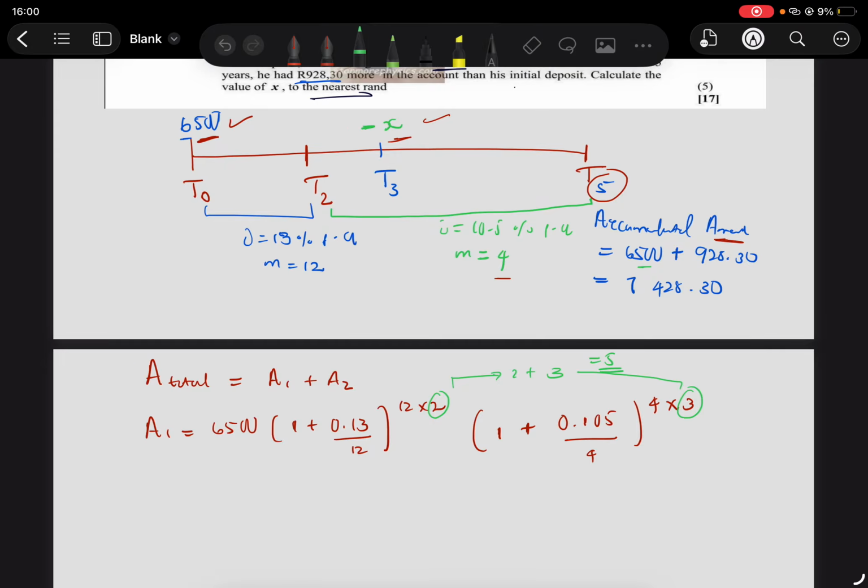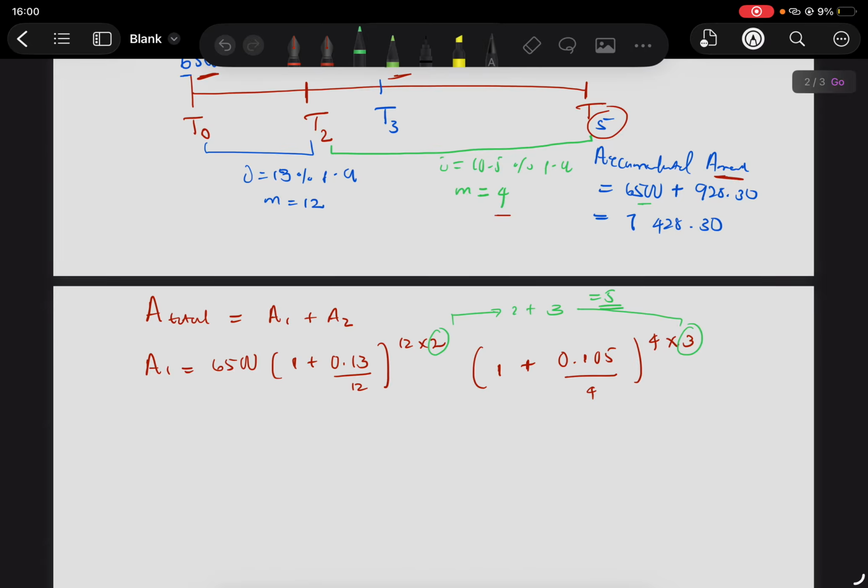So this will be your A1 at time 5. I'm going to punch this in on my side and put in the values. So 1 plus 0.13 divided by 12, all raised to the power of 24. This is 12 times 2.